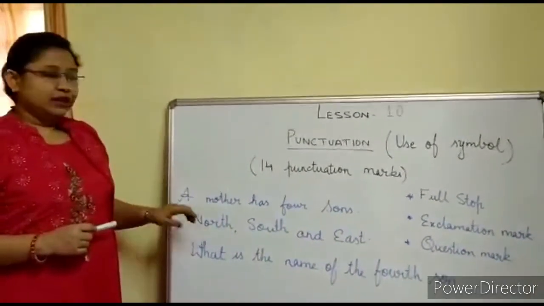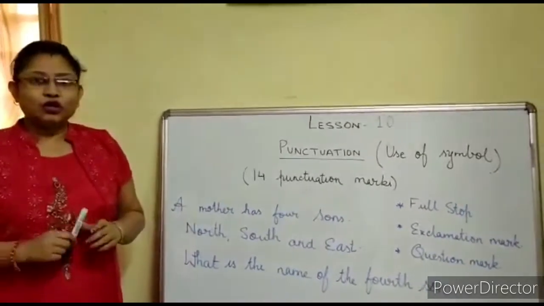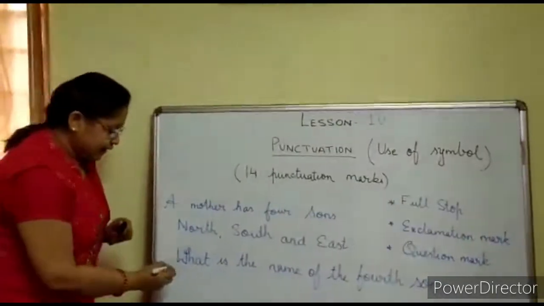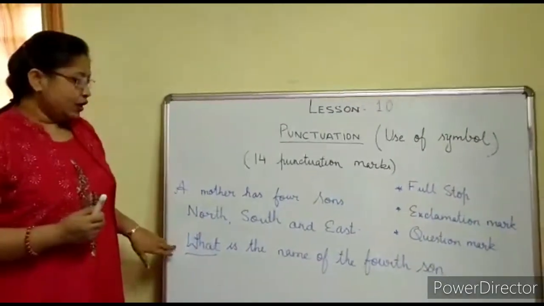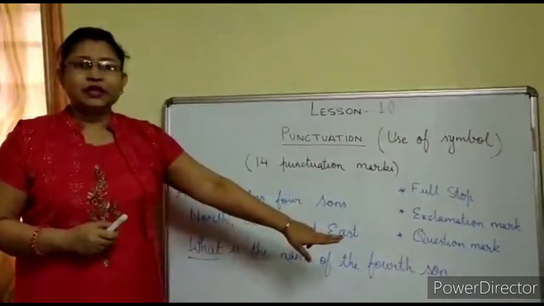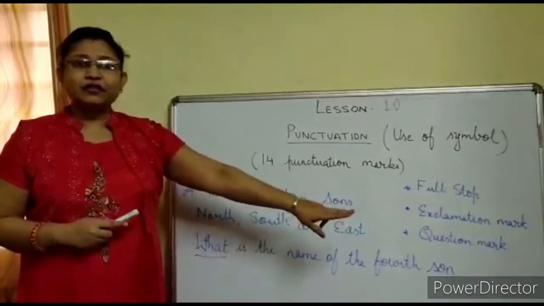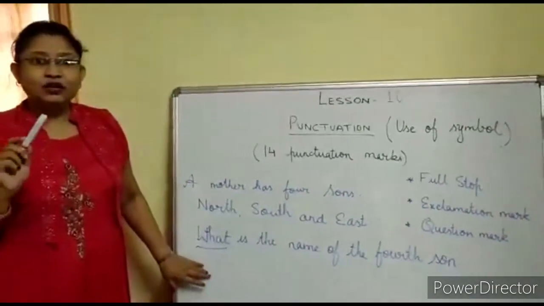Actually, students, the correct answer is what? Now, how? What is the name of the 4th son? After son, students, I have given a full stop. So it is not a question.